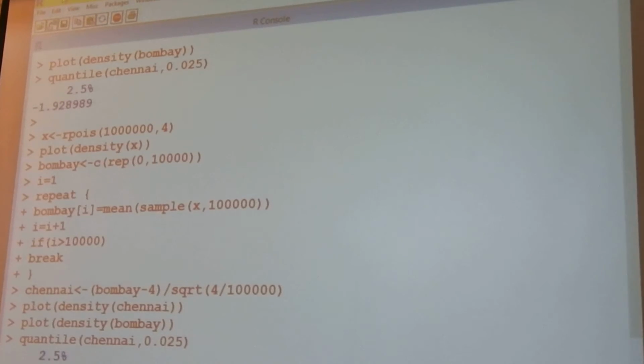Right, so suppose I did x is equal to rnorm, mean 5, standard deviation 6. And say how many numbers you want? I want a very large number, say a million numbers.